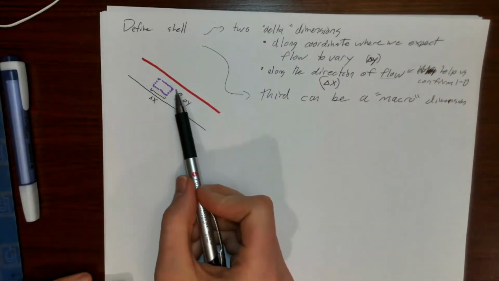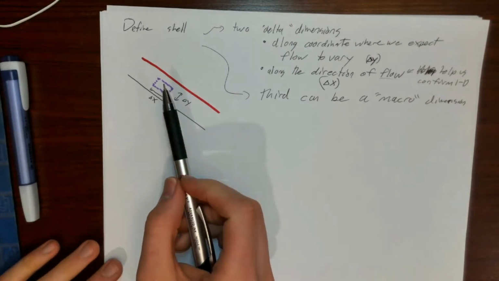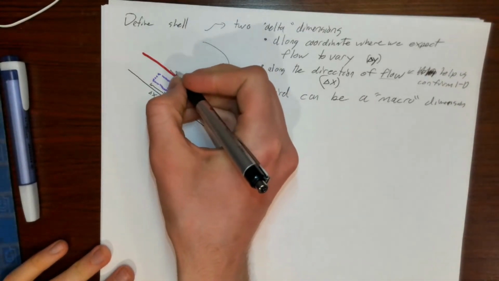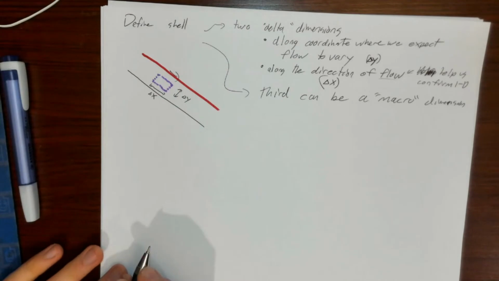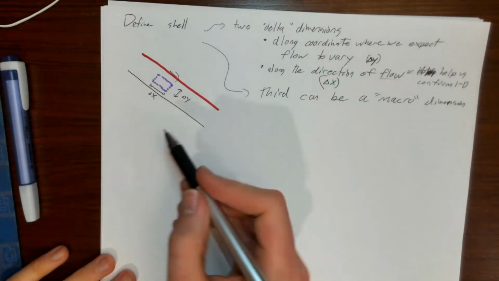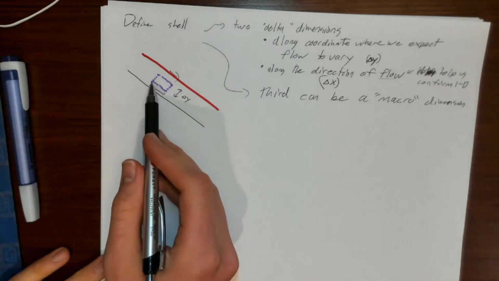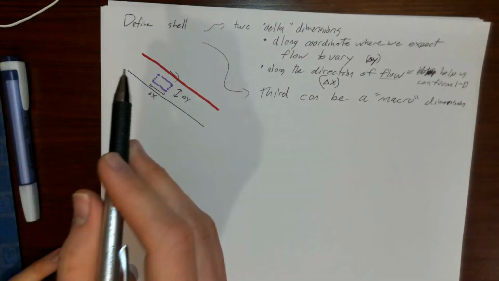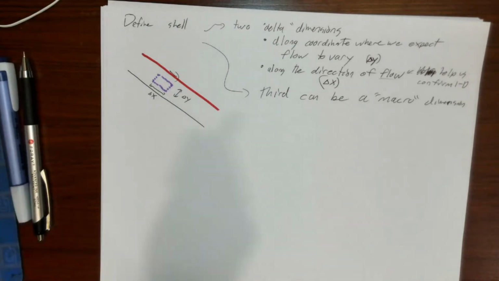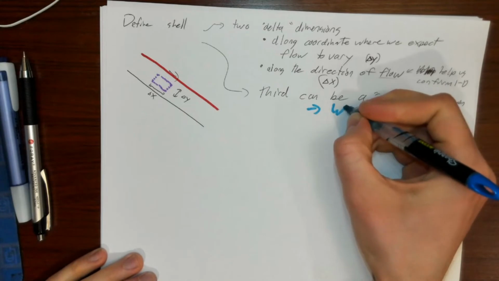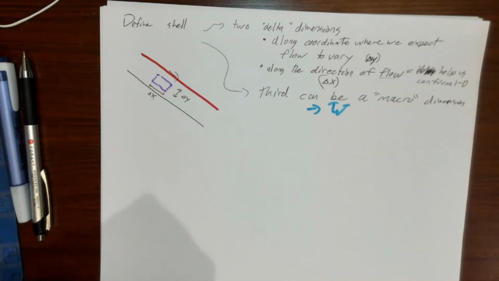Since nothing interesting is happening into or out of the page, and all of the flow is essentially in this direction here, we can make the third dimension of this control volume a width w extending out of the page like this. So that's w for us.